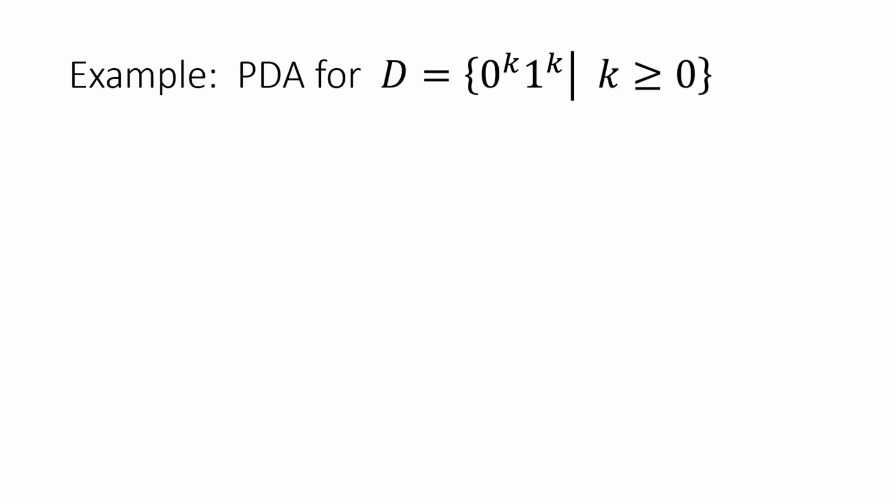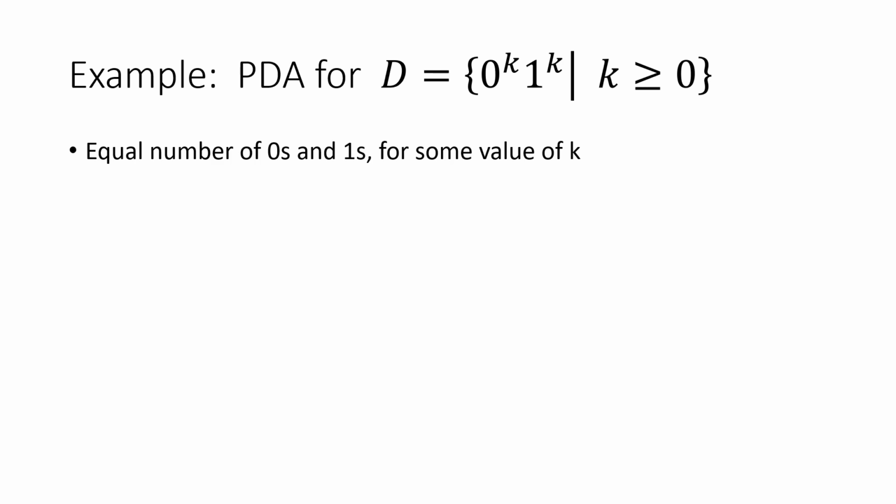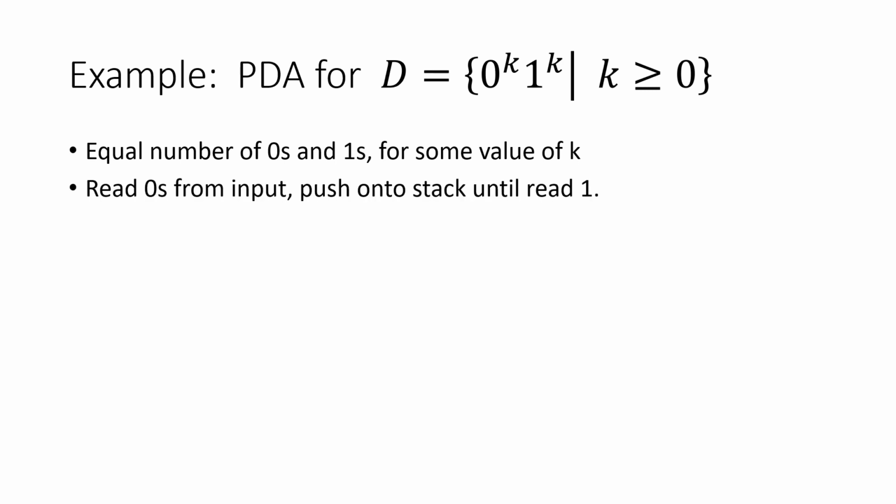Let's look at an example for the pushdown automata for the language where there's an equal number of zeros and ones. So k zeros followed by k ones, for example. All right, if we want to build the pushdown automata, we should think about what the stack is going to look like. We want to make sure there's an equal number of zeros and ones, so all we have to do is keep reading zeros, and then we push those onto the stack until we read a 1.